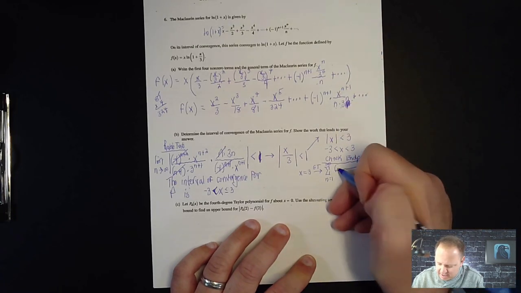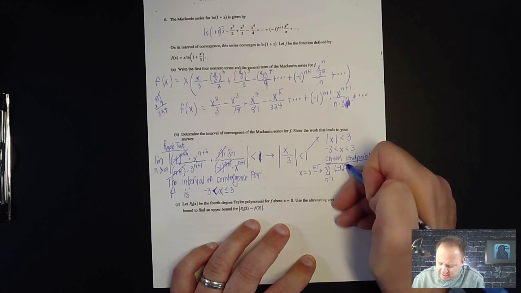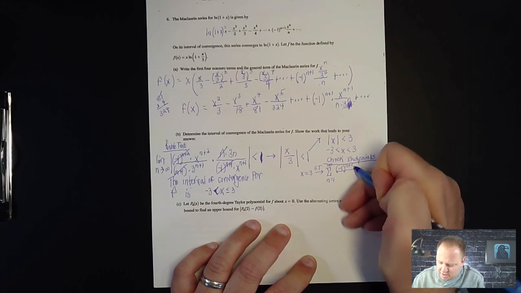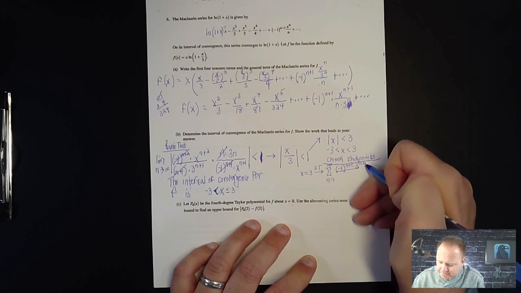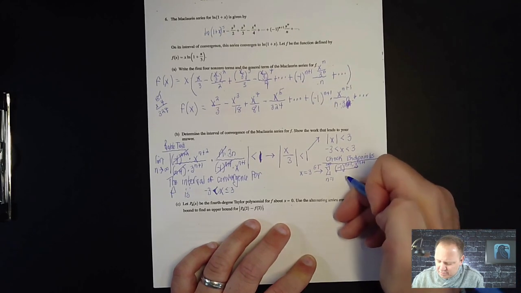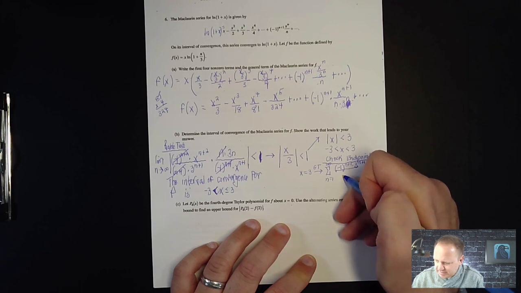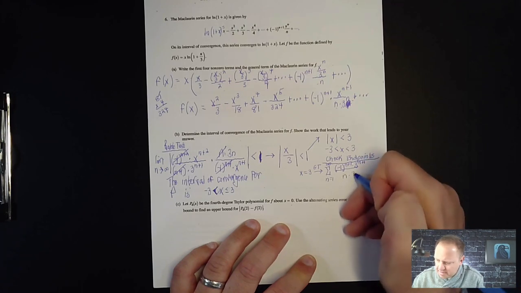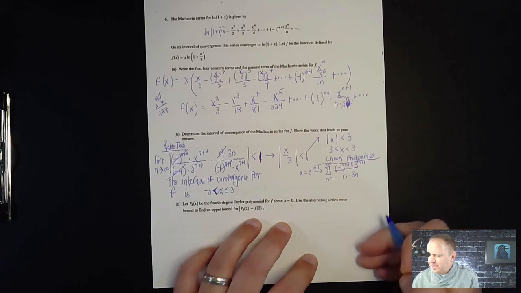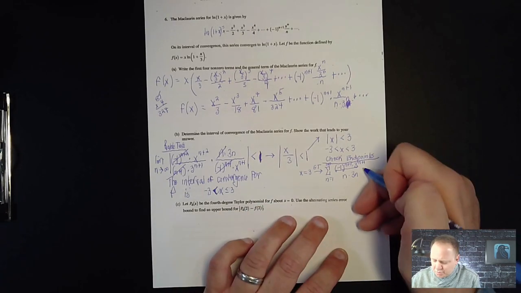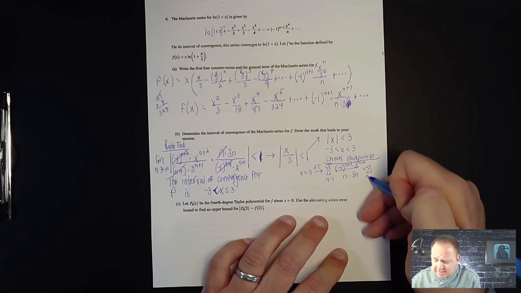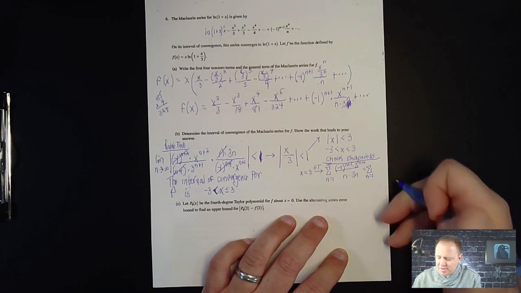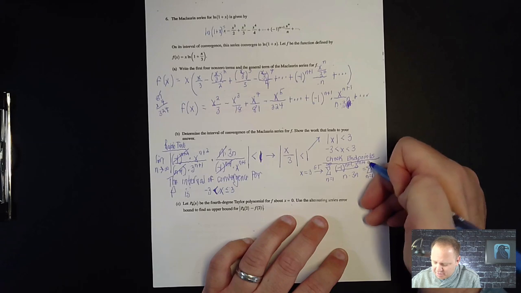So I'm going to have my negative 1 to the n plus 1, all times 3 to the n plus 1, all over n times 3 to the n. Well, that would give me, and I didn't take away my alternation, which is actually kind of helpful.